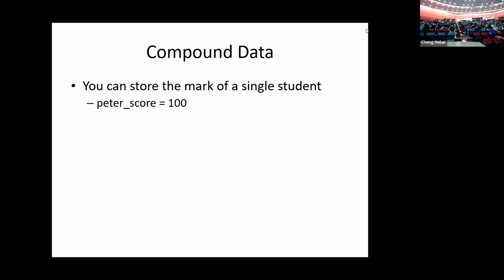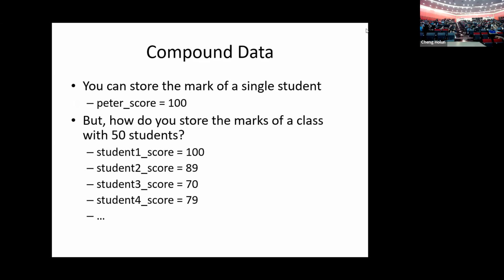But what if this class, CS1010E, has 700 students? Am I going to create 700 variables to compute whatsoever data out of you? And even if you created that, how am I going to go through all the data?